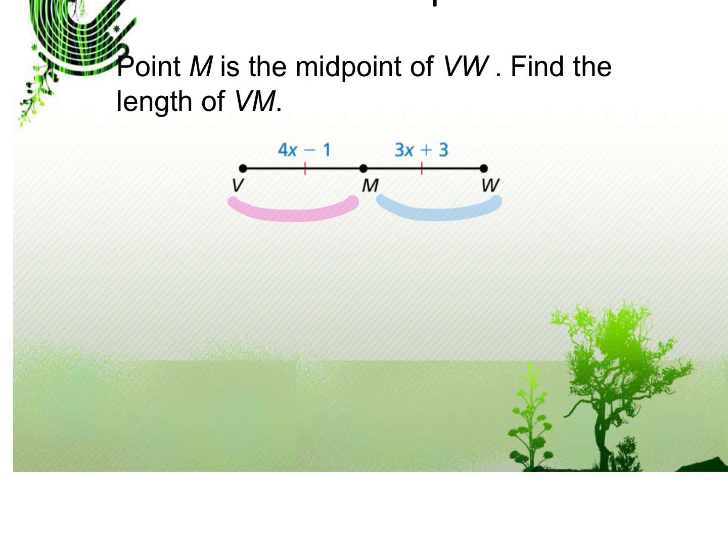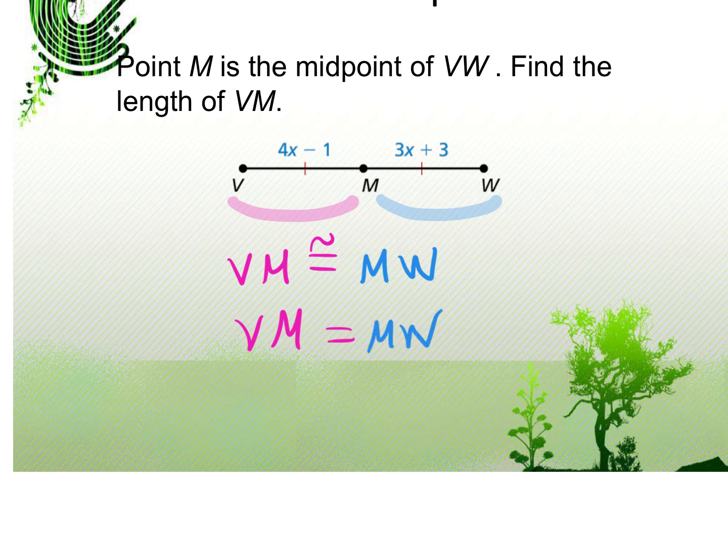So I'm going to take my VM, and I know it's congruent to my MW. Actually, I'll put it in as a congruence. Again, you could either show it as VM equals MW or VM is congruent, so this is the little wave, or you could say that MW and VM are equal.